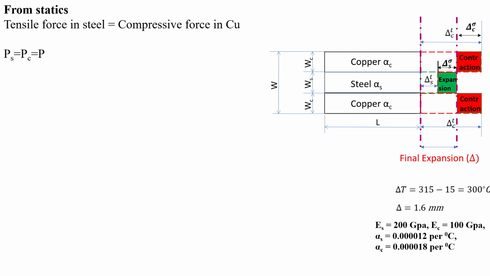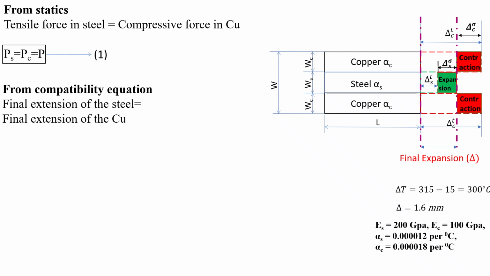Then PS equals PC equals, let's consider, P. This is equation number 1. Similarly, from the compatibility equation, the final extension of the steel equals the final extension of the copper. So delta C equals delta S equals delta. Let's consider this is equation number 2.